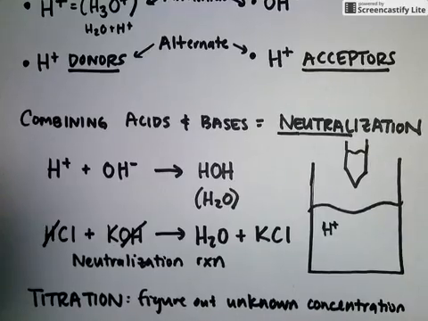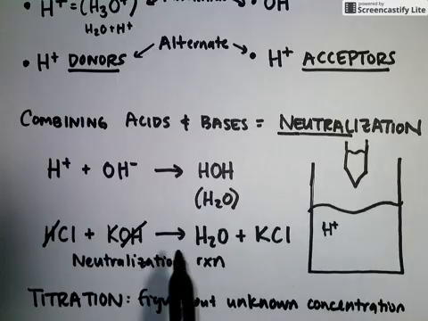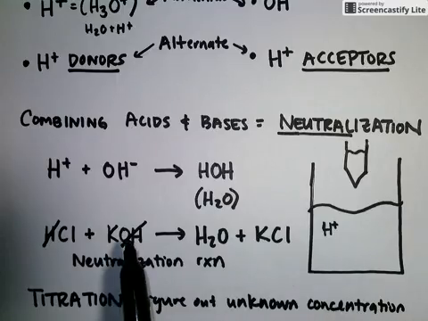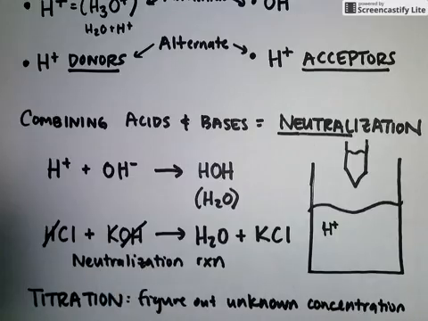Is it a 0.01 molar solution, or a 10 molar solution of acid? The only way to figure that out is to try to cancel out all of the acid using base. Because if you know how much base it takes to neutralize the acid, you'll have an idea of how much H+ was around in the first place.